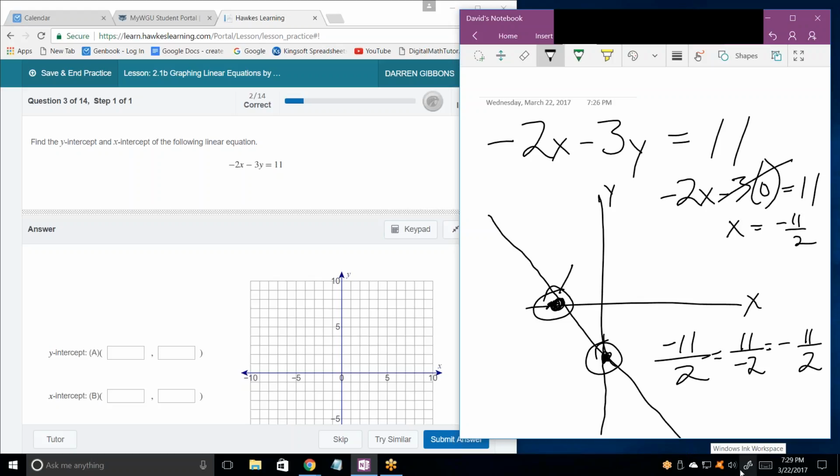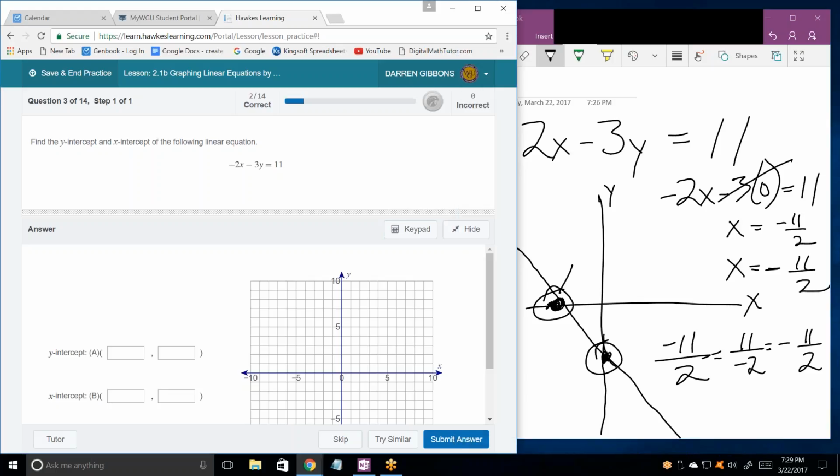All of those are the same. So our answer, I would say, is x equals minus 11 halves. That's the x-intercept. In other words, I'm getting the x-intercept by substituting 0 for y.